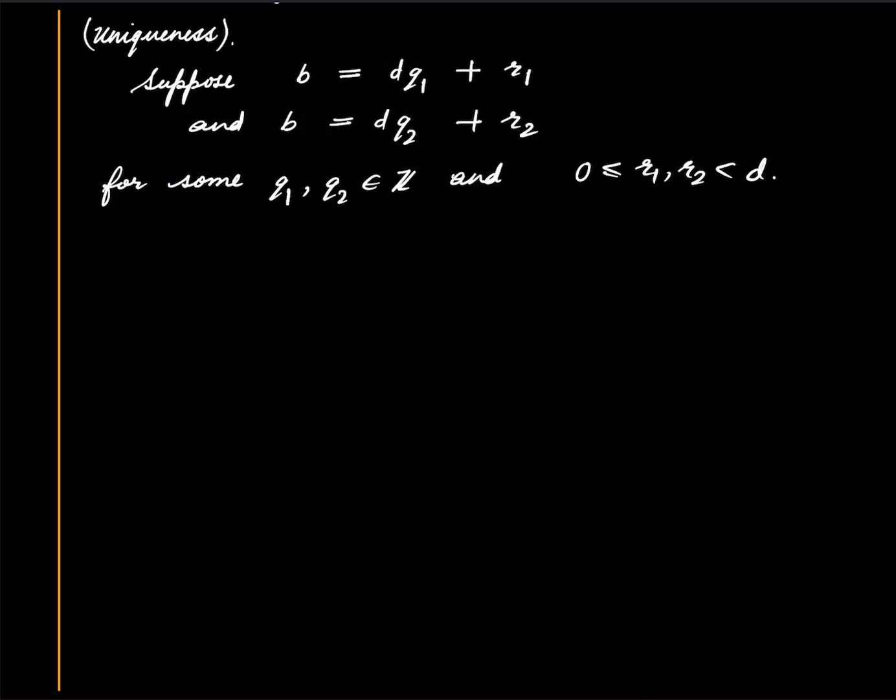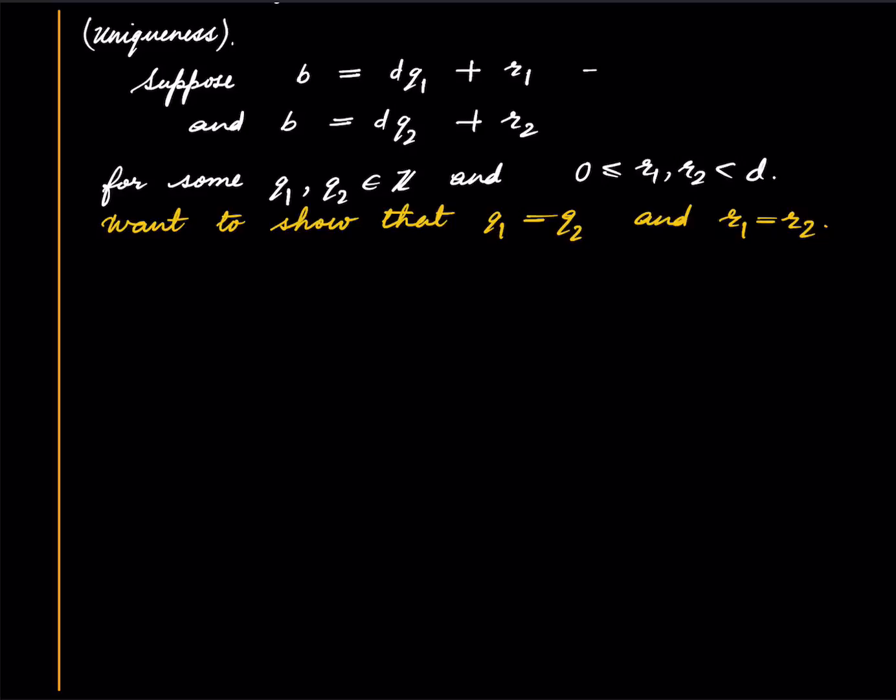So we want to show that q1 equals q2 and r1 equals r2. So this is what it means for the decomposition to be unique. So how do we do this?